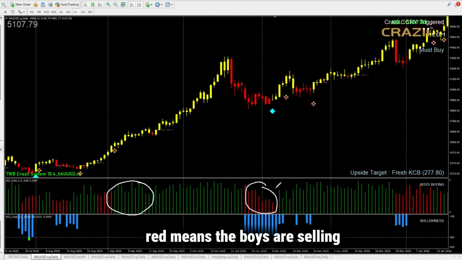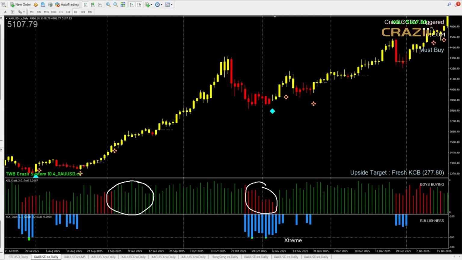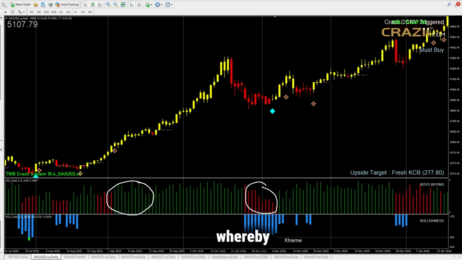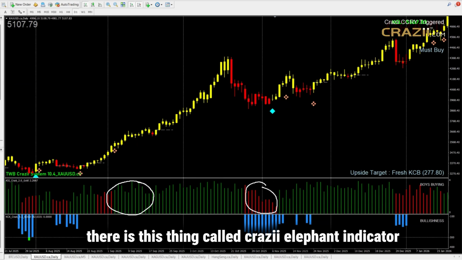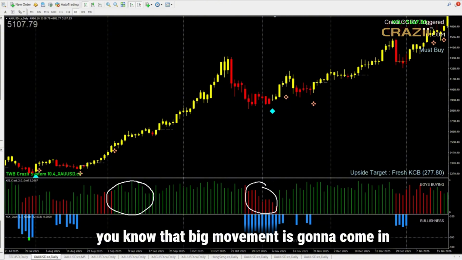Red means the boys are selling, known to be bearish, distribution, or basically sellers are losing their faith in the buy side. One thing to note is there's a divergence called the Crazii elephant indicator. I'll show that to you later. And of course, when you see this, you know that a big movement is going to come in.